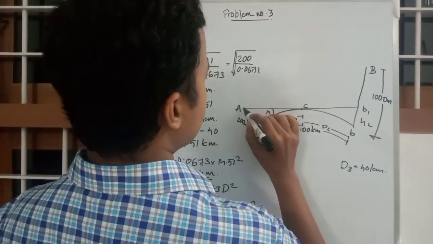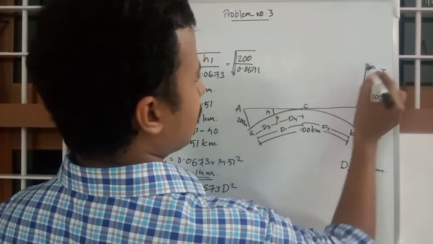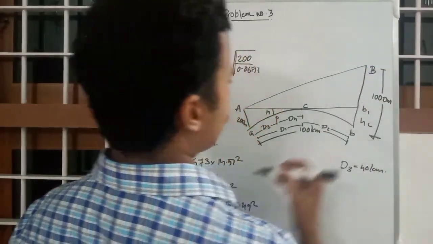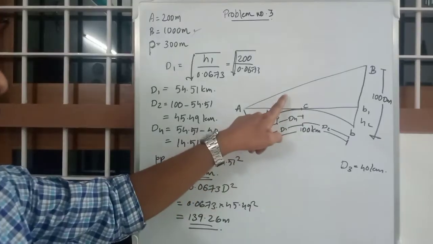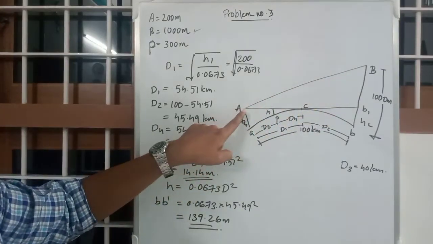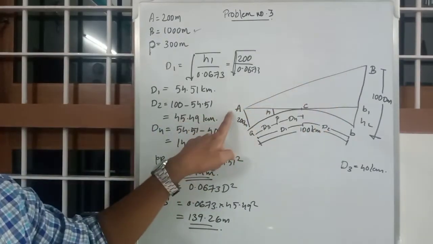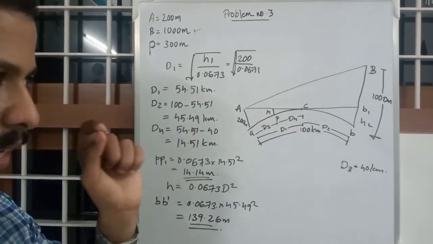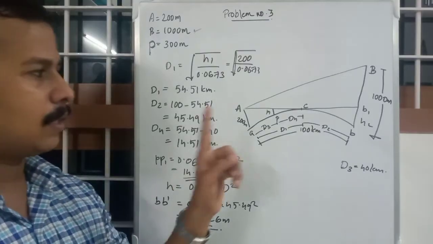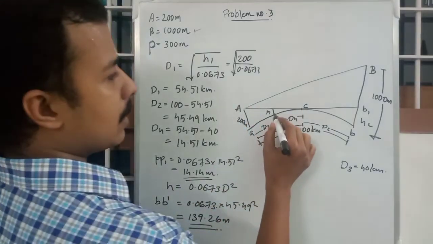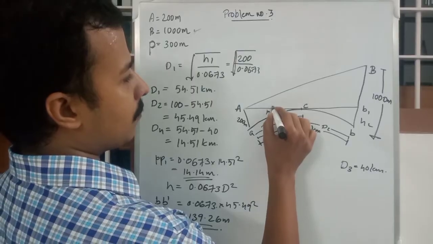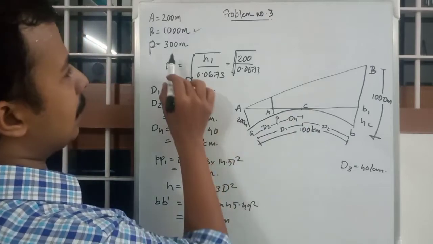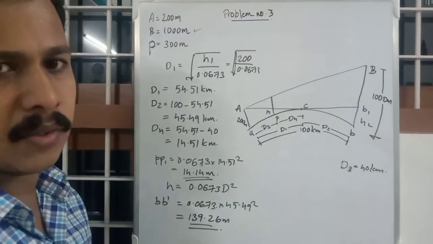We will join the actual line of sight between A and B. So this is the actual line of sight passing from A to B. And we are checking now whether the height of line of sight at P is less than or greater than 300.